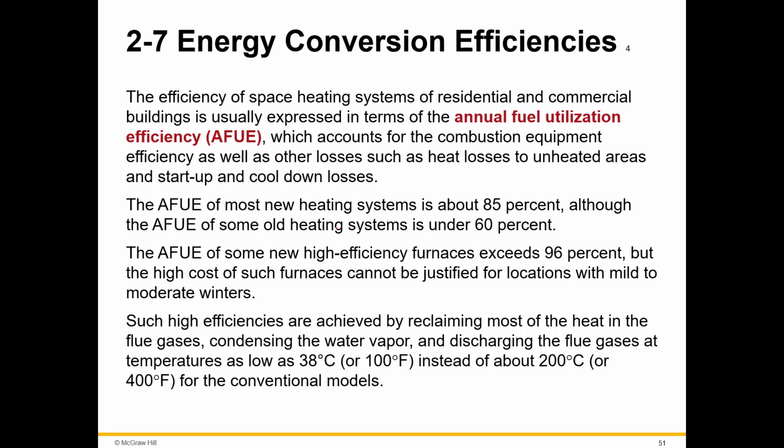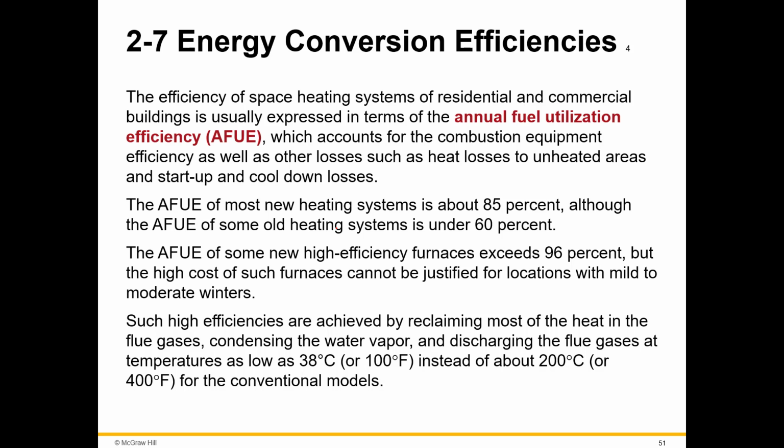And then the efficiency of the space heating systems of residential and commercial buildings is usually expressed in terms of annual fuel utilization efficiency, which accounts for the combustion equipment efficiency as well as other losses such as heat loss to unheated areas, startup and cooldown losses. So this is just going to take into account everything that is reasonably expected, right?